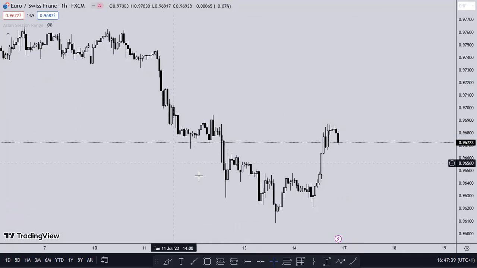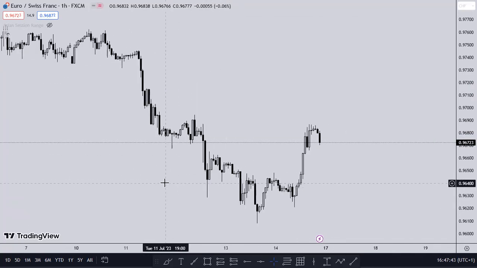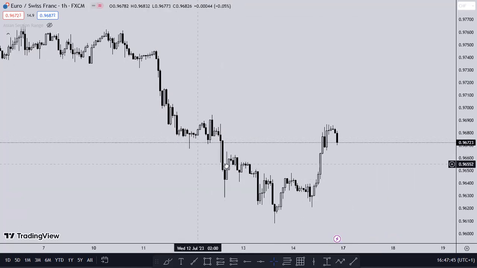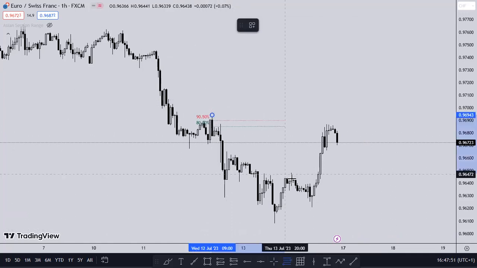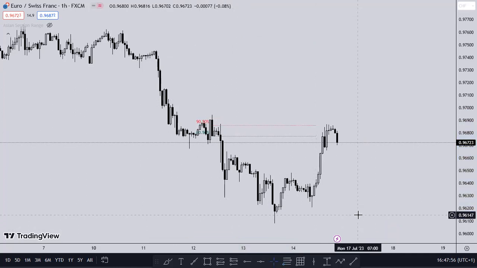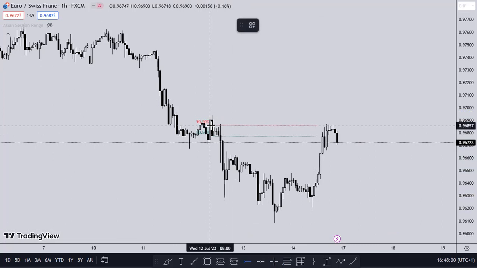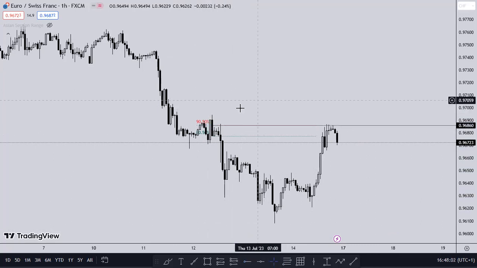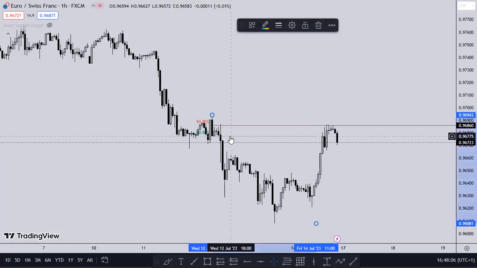If I want to make my analysis, after identifying the trend of the market, I've identified the base. I put on my Fibonacci retracement zone. Here's my golden level, which is like 90.50. I would definitely want to wait for the market to reverse all the way to that area.